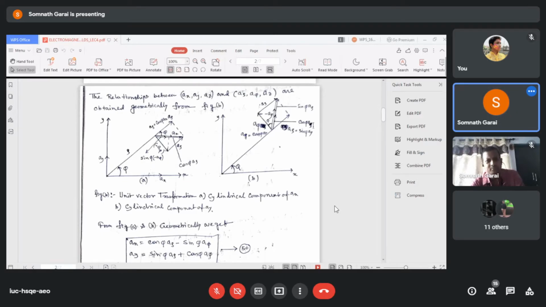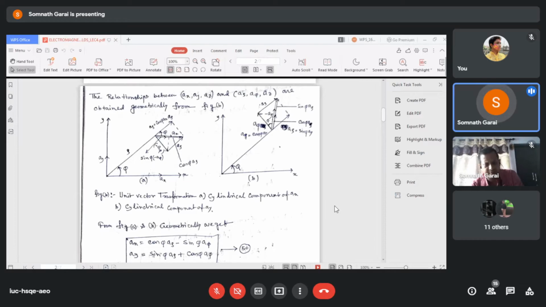Okay, and the vertical component of a rho is equal to sin phi a rho, because this component does not constitute the direct angle.